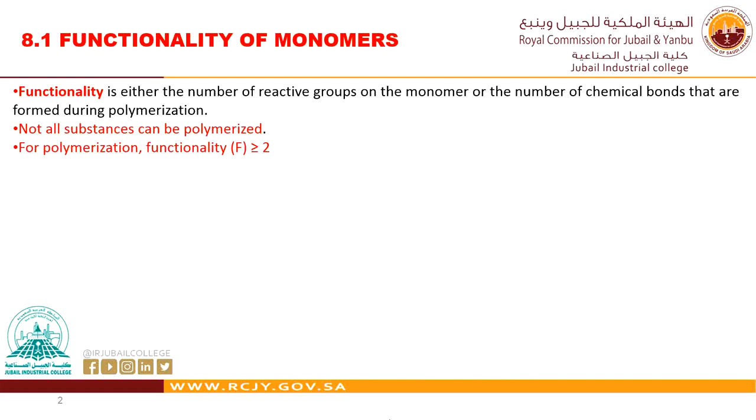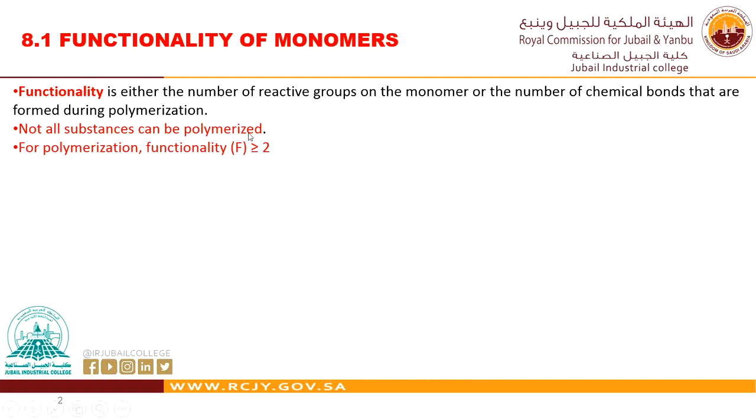Now, when we talk about functionality, functionality is the number of reactive centers on a monomer, or the number of chemical bonds that can be formed by a monomer during polymerization. We should understand that not all substances can be polymerized.